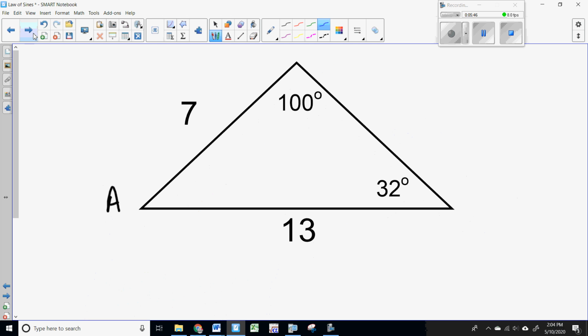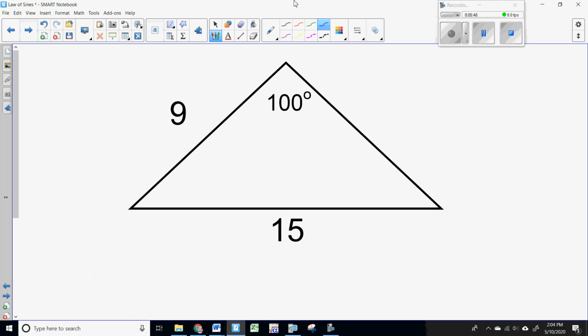So another one. So here's our triangle. The first thing I'm going to do is label it as ABC. So I'm going to say this is A, this is B, this is C. And when you look at this, there's really only one thing we can do.